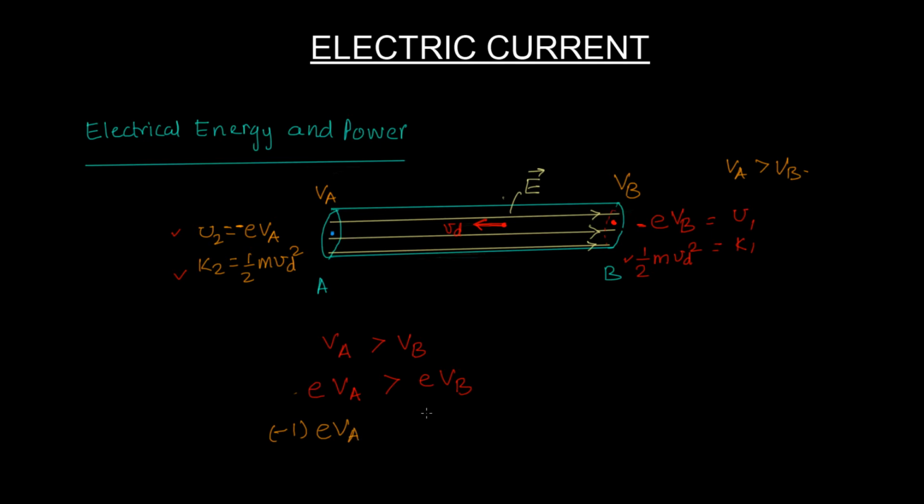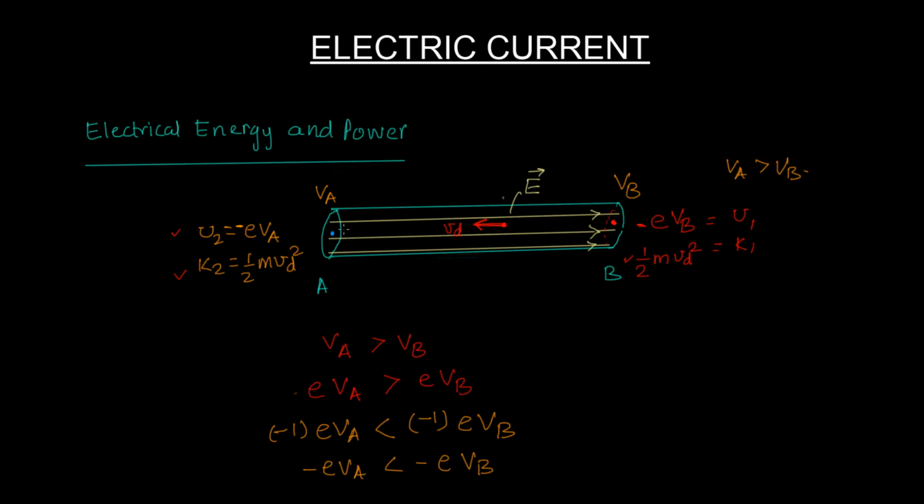EVA and -1 EVB. Which becomes less, which becomes more? VB becomes more. The sign flips. So I'm saying minus EVA is less than minus EVB. The potential energy went down.